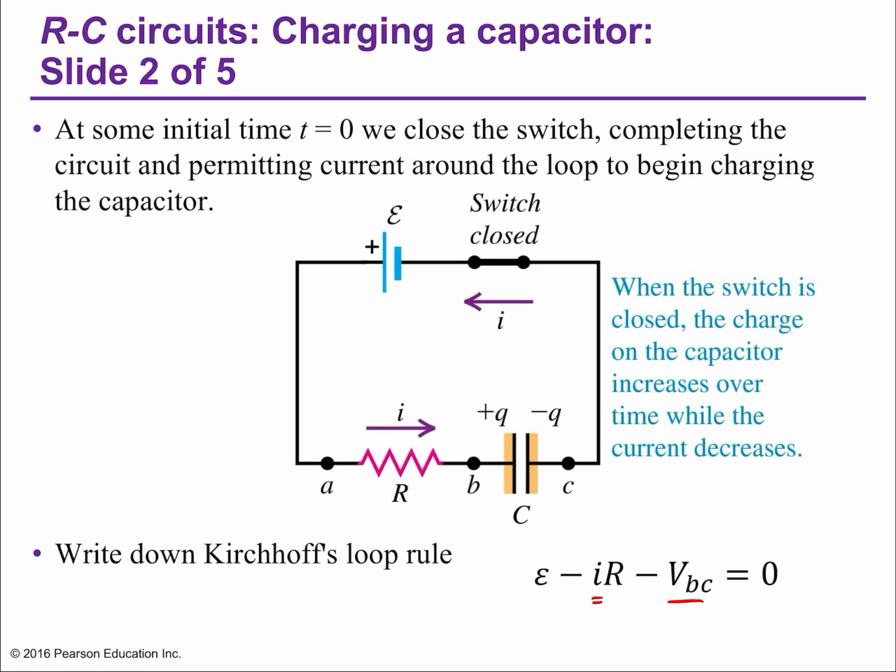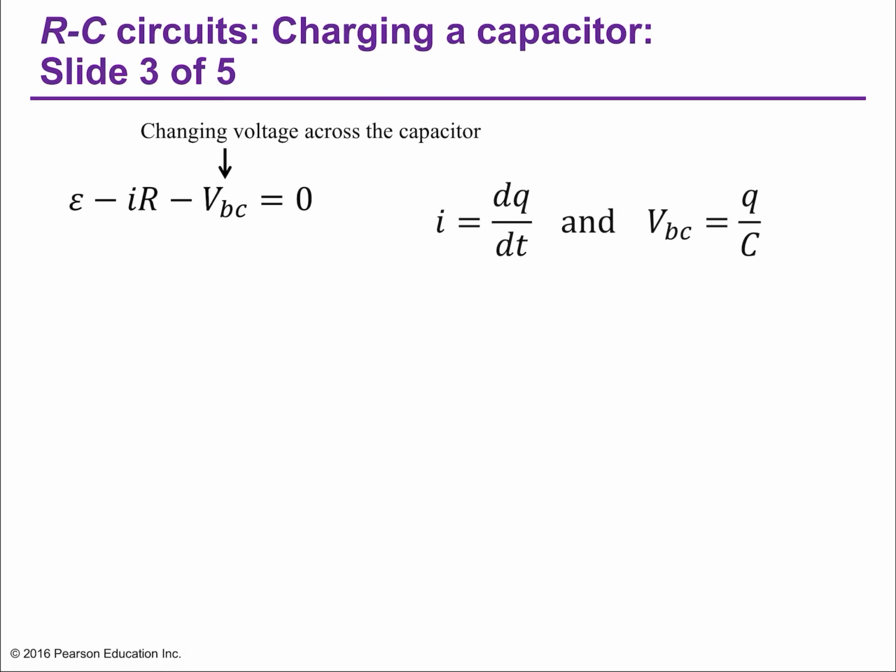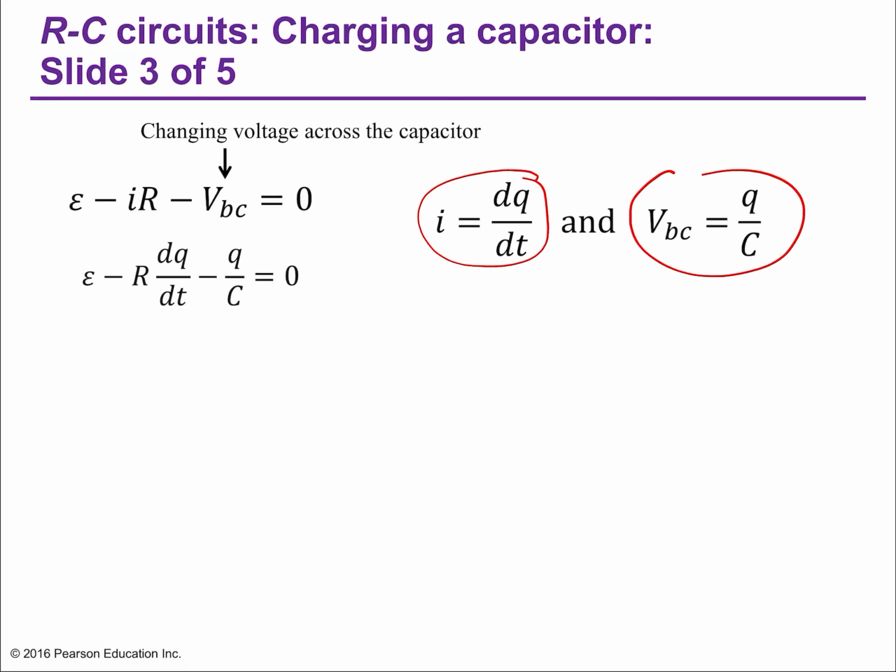Now if I go back and write down these time-dependent values, the current will be dq by dt, and V_BC will be q divided by C. Plug these relations into our original equation, and our equation becomes a differential equation with variables q and t.